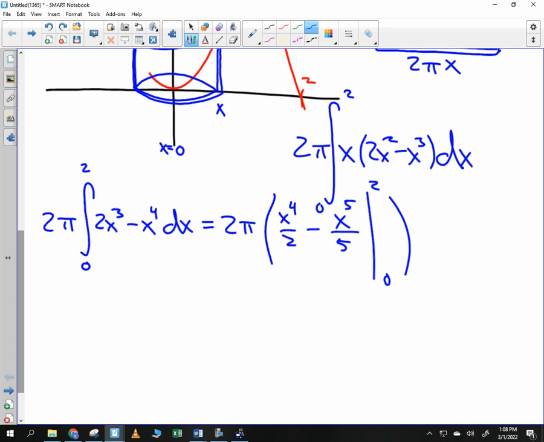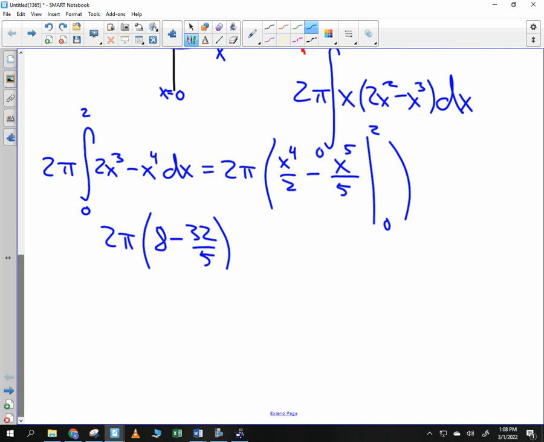It's great when we get to plug in 0, isn't it? So I'll plug in 2. I get 2 pi times what? Eight minus 32 over 5. Some people go to their calculator.